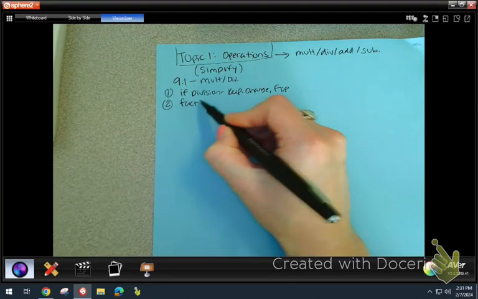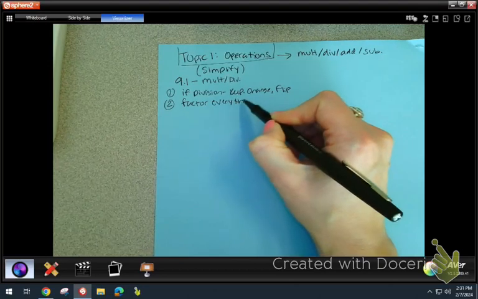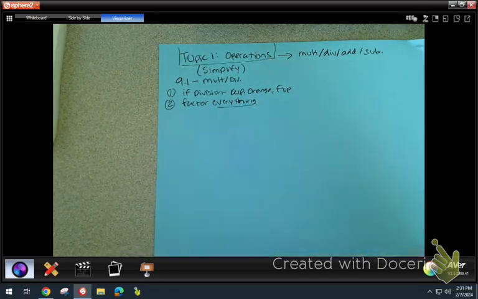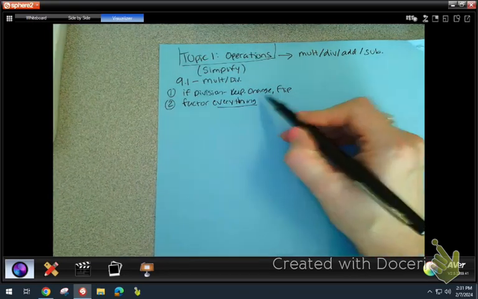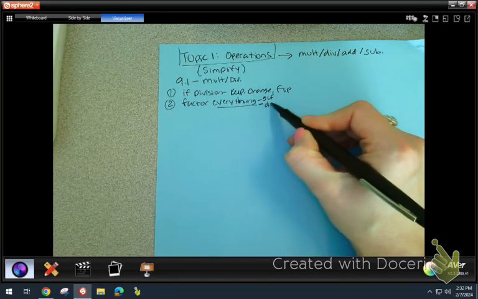Factor everything. Everything factors. And I will tell you, you're going to see it all. Every numerator, every denominator, it needs to be as factored as possible. We may be nice. We may give you a numerator of 3x plus 7, and there's nothing you can do. But I'm talking GCF. I'm talking difference of squares.